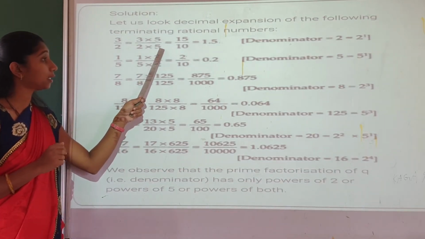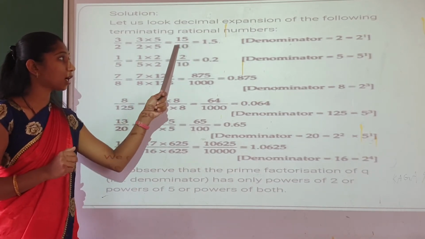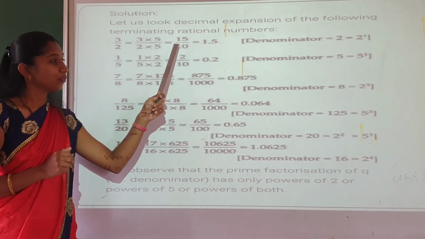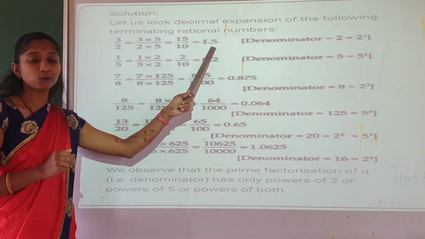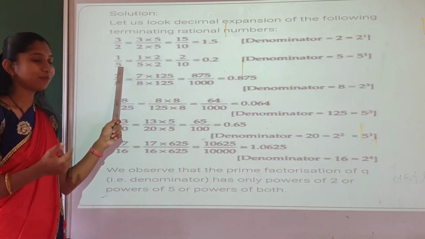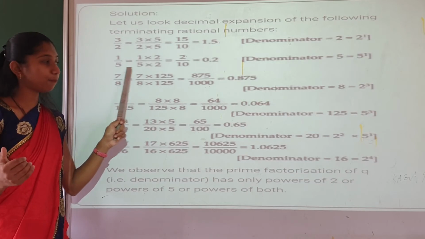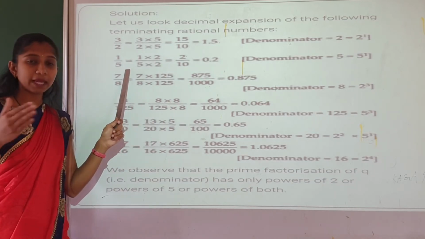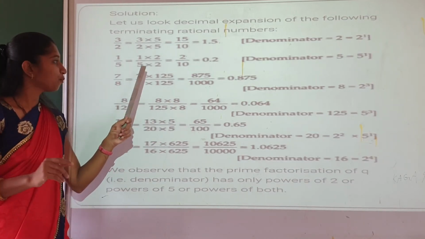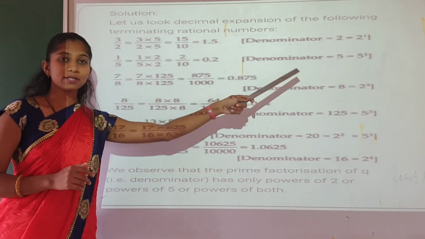That is 5. Then 2 times 5, we are going to get 10 here. Then it's easy to find the terminating answer. Next part, 5. Can we get 10 or 100 in the denominator by multiplying with some other number? Yes, 5 times 2 is 10, we will get it.